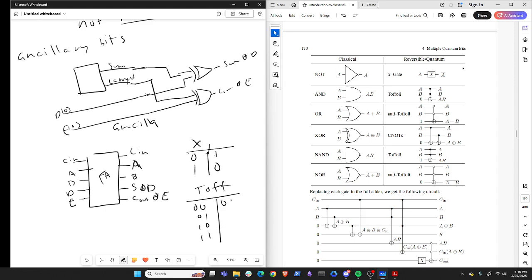We would output A and B, and then A XOR B. So this is fully reversible because for each distinctive output, we have a distinctive input. So all these gates are reversible.